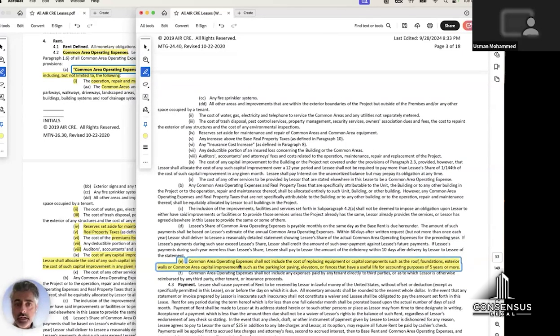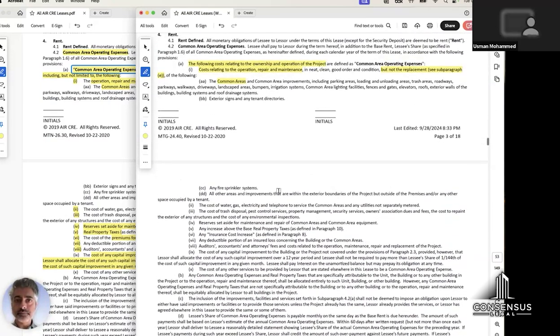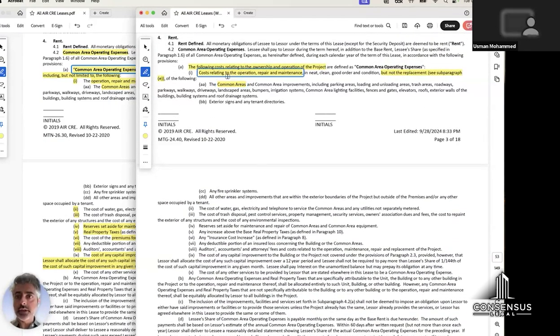Common area operating expenses shall not include the cost of replacing equipment or capital components, such as the roof, foundations, exterior walls, or common area capital improvements, such as the parking lot paving, elevators, or fences that have a useful life for accounting purposes of 5 years or more. Okay, so that's one key difference, key takeaway from this webinar, hopefully, is that distinction.